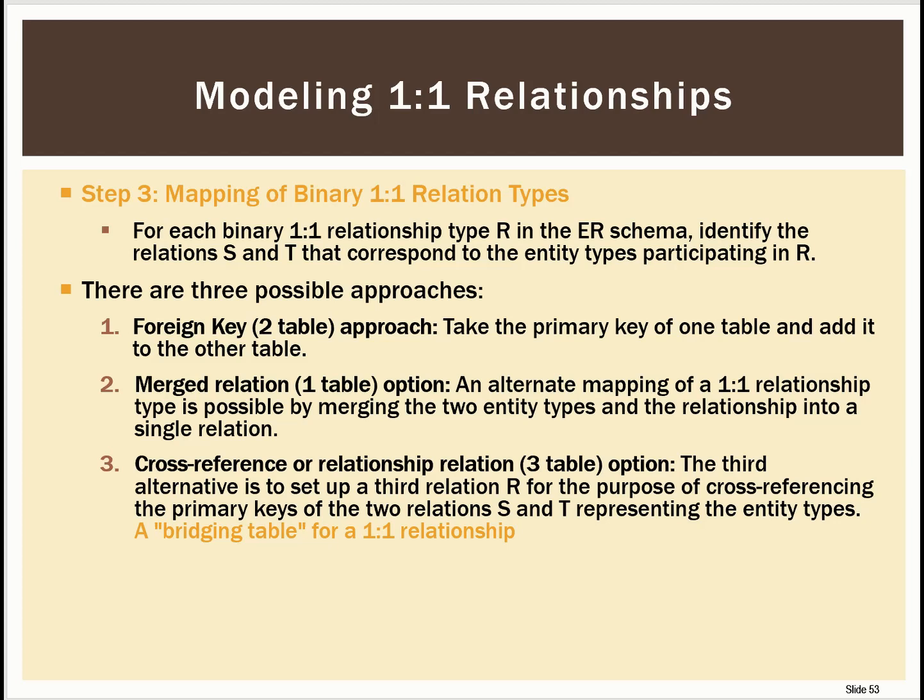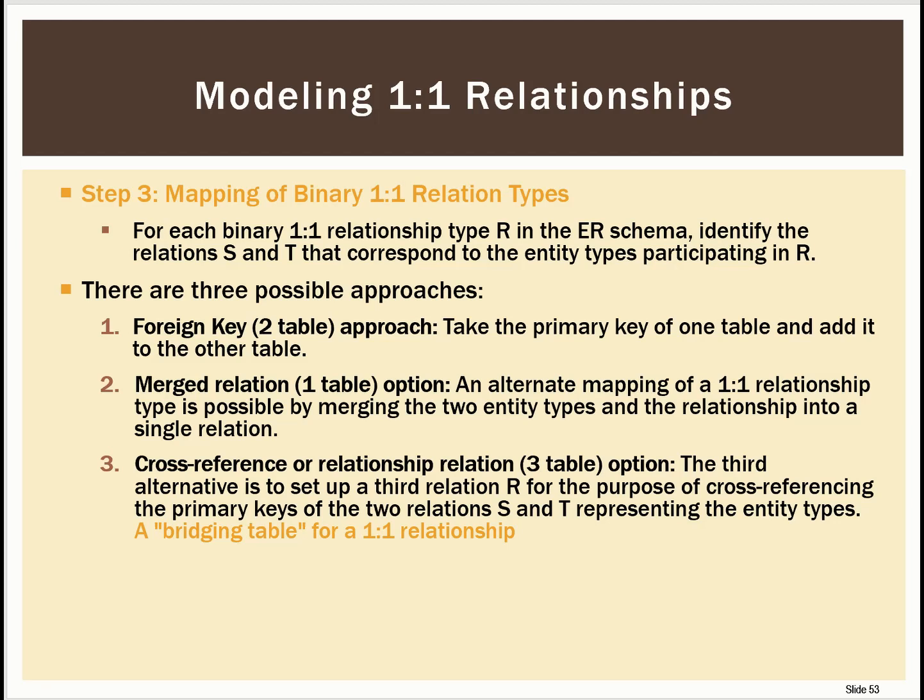Queries will depend on things called joins, or I have to join one table to the other. Therefore, the worst in terms of efficiency is the cross-reference option, the three-table option. I would have to use 3 tables, for example, to get a person's GPA and their blood pressure.